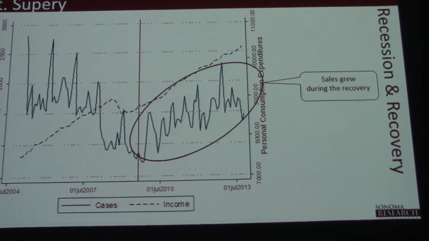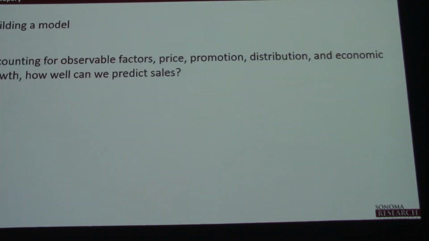So we're really approaching this in a pretty simple but methodical process. We're not taking a whole lot of leaps of faith. We're just saying, can I explain this change in sales caused by other things? So, building the model. We're going to use these factors, price, promotion, distribution, and economic growth, and see if we can predict sales.